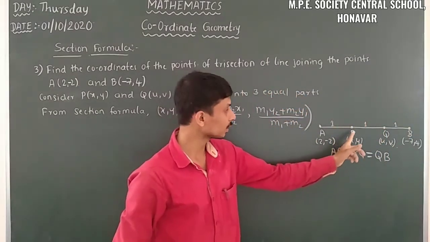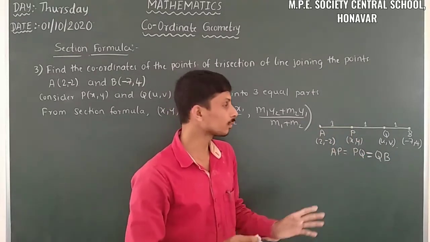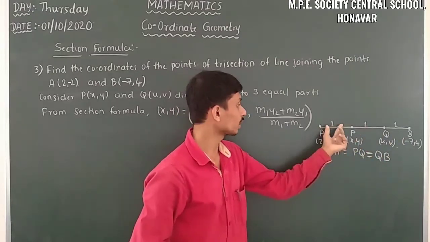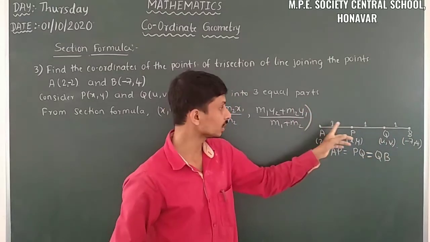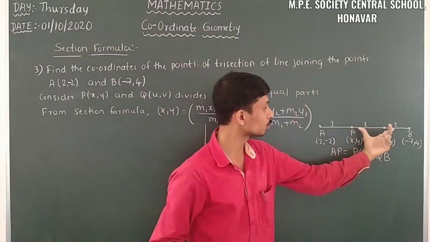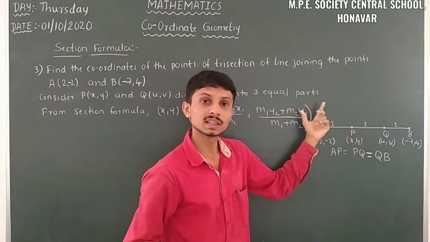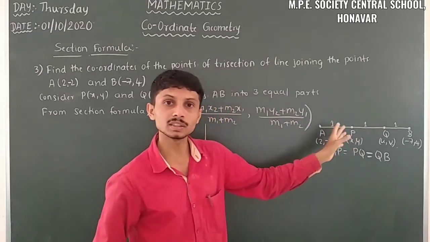Firstly I will consider P. P divides AB in the ratio 1:2. Don't consider Q here. Just observe, 1 plus 1 is 2, that means this distance is 2 and this distance is 1. So P divides AB in the ratio 1:2.